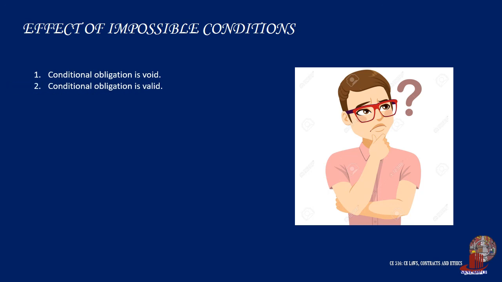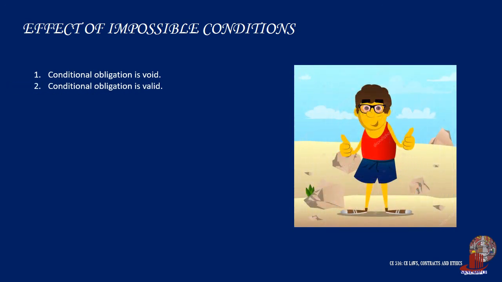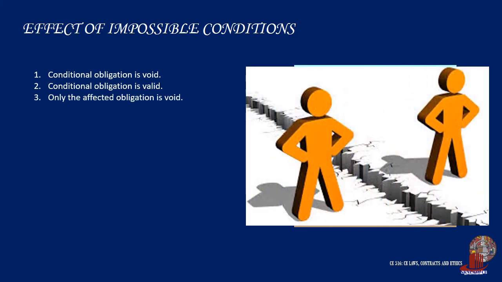Second, conditional obligation is valid. If the condition is negative, that is, not to do an impossible thing, it is disregarded and the obligation is rendered pure and valid. Actually, the condition is always fulfilled when it is not to do an impossible thing, so that it is the same as if there were no condition. Third, only the affected obligation is void.